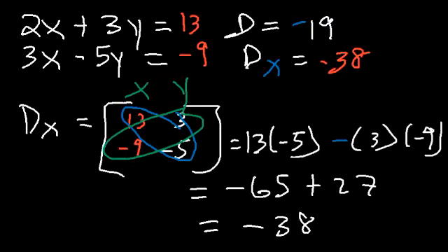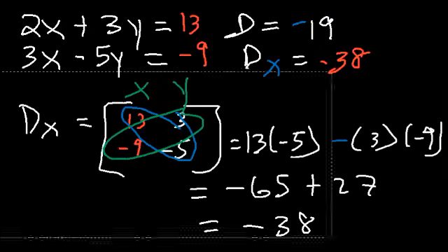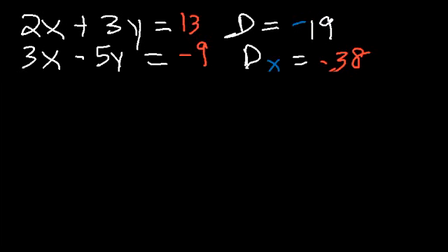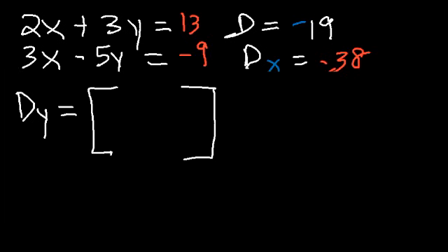Now we need to calculate dy. This is going to be x, this is y. This time we're going to replace the coefficients of y with c1 and c2. So this is going to be 13, negative 9, and the coefficients of x are 2 and 3.